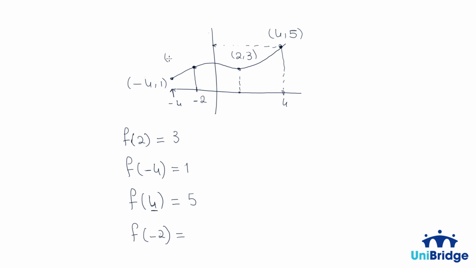So it has an x of -2 and a y coordinate corresponding to this point. Okay, so let's say it looks on the same level as this point, so let's say it's 3 as well. So this means when x is equal to -2, y is going to be equal to 3. So this is going to be your final answer.